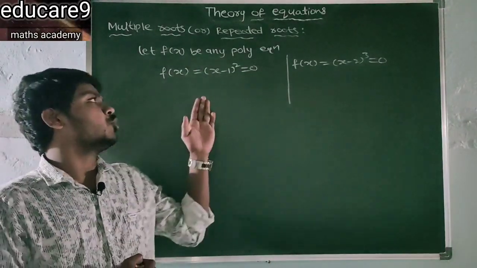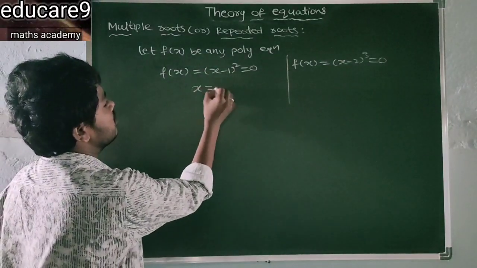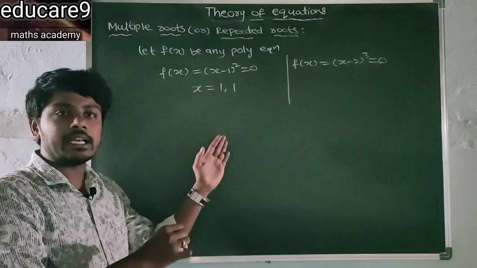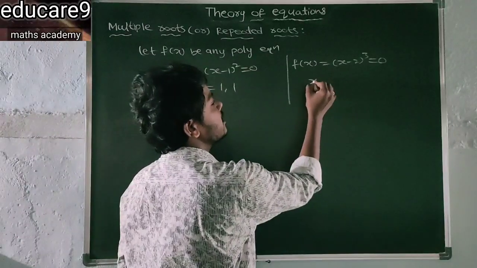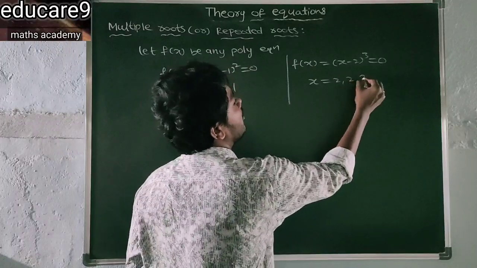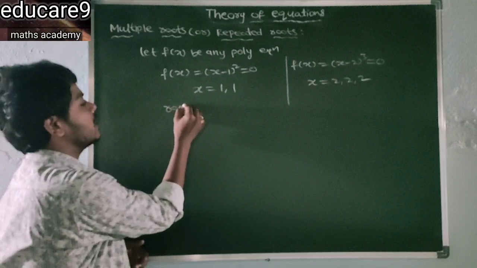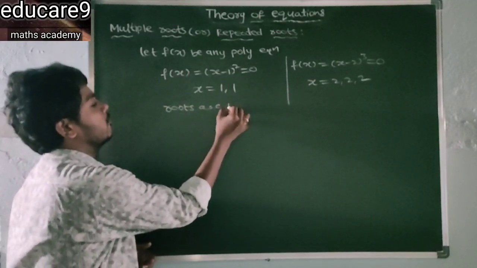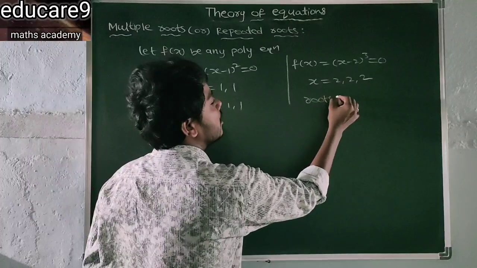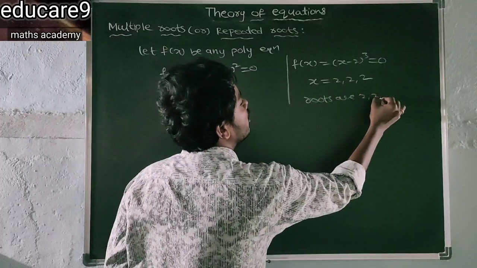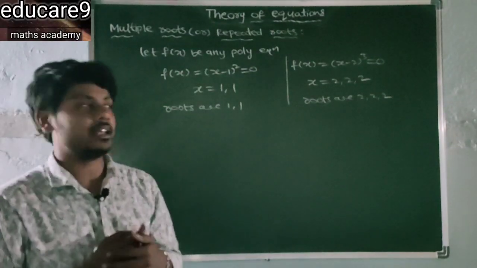Now what are the roots of this equation? Here x is equal to 1, 1. So these are the roots of this polynomial. And here x is equal to 2, 2, 2. So the roots are 1, 1 and here the roots are 2, 2, 2. Clearly these roots are repeated.